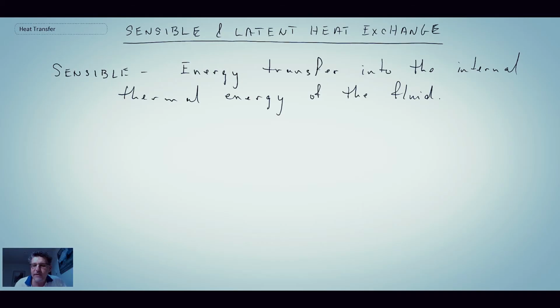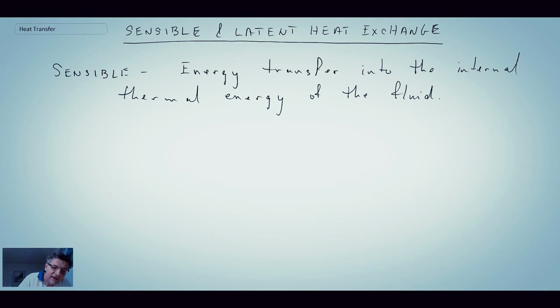But here the energy transfer is going into the fluid and is causing the fluid to increase in temperature. And so it's manifested in the fluid by an increase in internal energy. So if it's a gas, it would be the kinetic energy or the velocity of the gas molecules. If it's a liquid, it would be the amount that the liquid molecules are moving around.